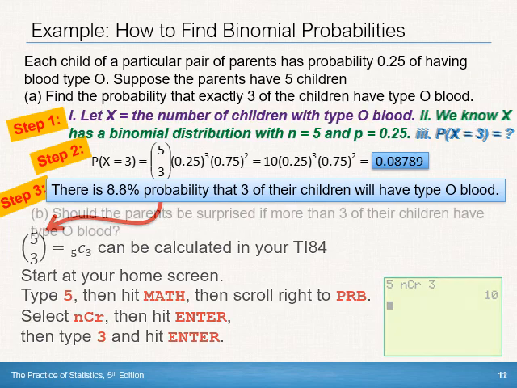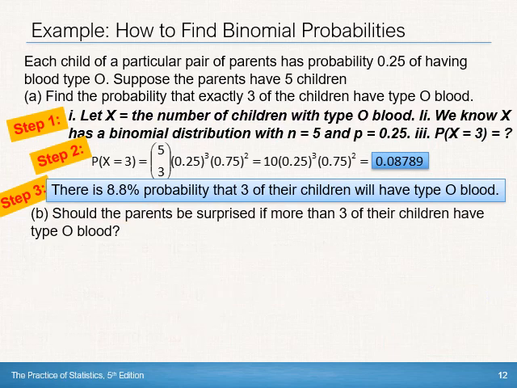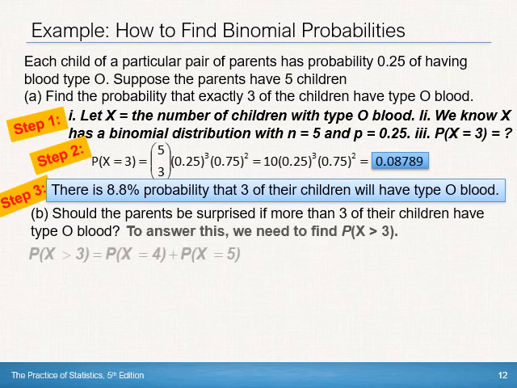All right, let's try part B then. Should the parents be surprised if more than 3 of their children have O blood? More than 3 would mean 4 or 5. So now we've got to calculate, I'm sorry, 2 values. We have to calculate the probability that X could equal 4 or that X could equal 5.